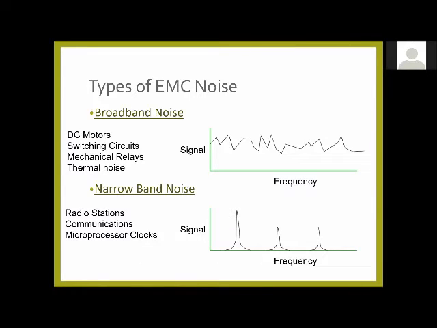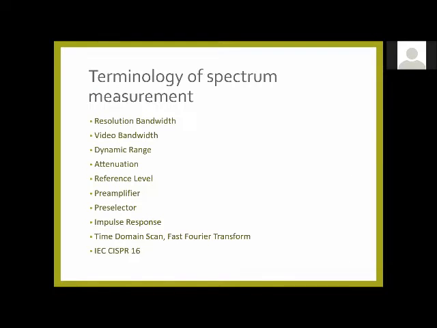And we have to remember that narrowband and broadband are determined by your bandwidth. So the kind of terminology I use: resolution bandwidth, video bandwidth, dynamic range, attenuation, reference level, preamp, preselector. By the way, you need one. Impulse response, time domain scan, FFT, and CISPR 16.